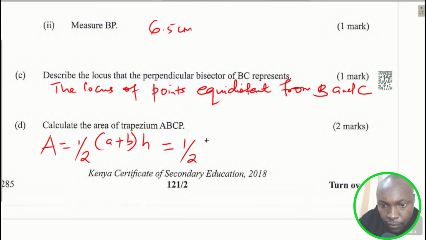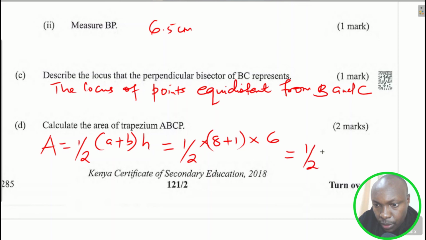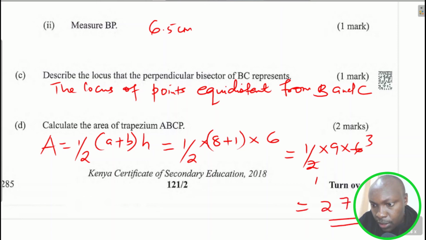AB is 8 and CP is 1, and the height is 6. So this gives half times 9 times 6, which works out to 27 centimeters squared. That is the area of the trapezium ABCP, and that is simply how you are supposed to solve that question.